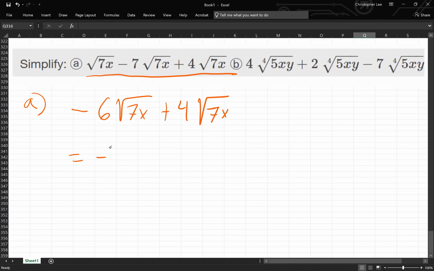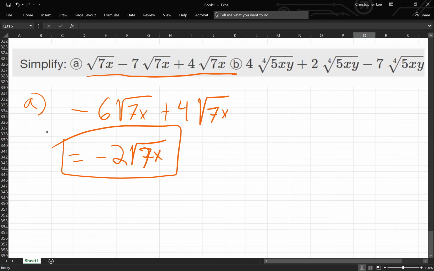So final answer, -2 square root 7x. That's it. What about B?